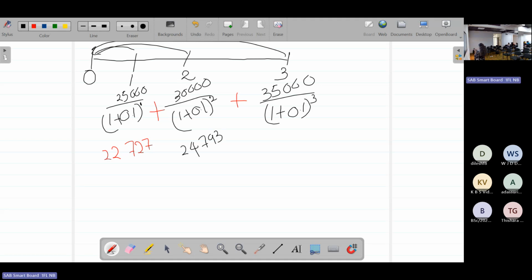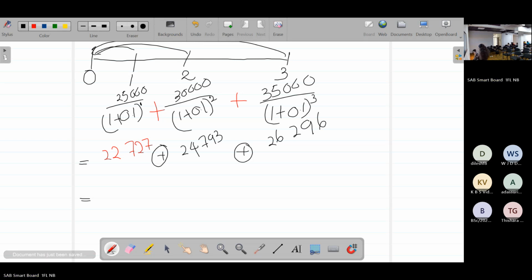The last year, third year, 35,000 divided by 1 plus 0.1 to the power 3. It is 26,296. Right. Total of these three is 73,816.01.